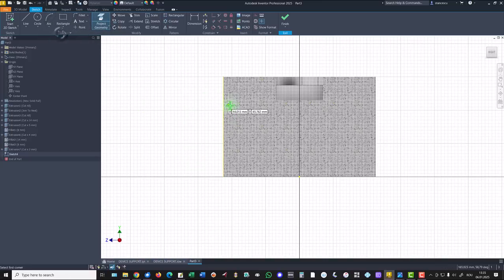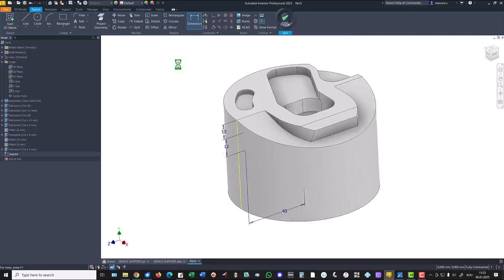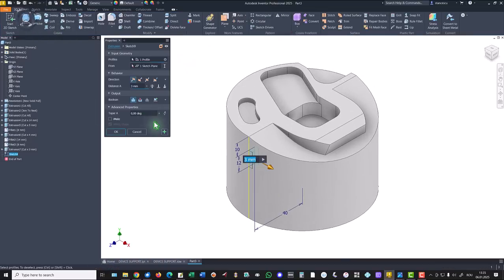We use the tool rectangle, this rectangle, 10 millimeters from up, 12 the width, and this distance to the center point of 80 divided by 2. Finish sketch, extrude, symmetrical, with cut all the way through the part.